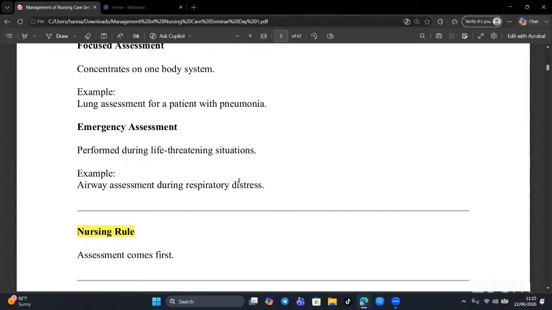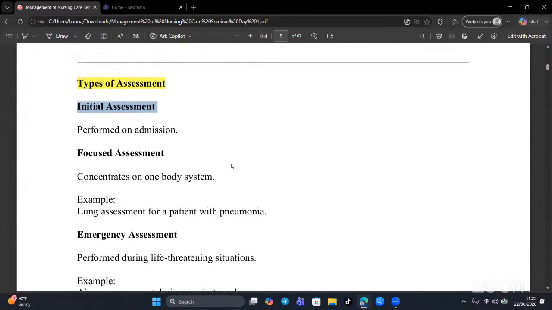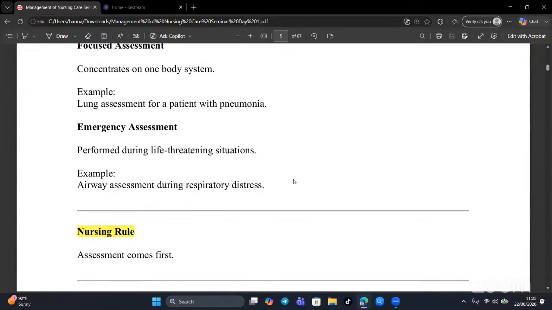Somebody with atrial fibrillation, airway problems, type 1, type 2 respiratory failures, emergency assessment. The triage nurse at an accident scene, emergency assessment. You can't do initial or focused assessment in triage.